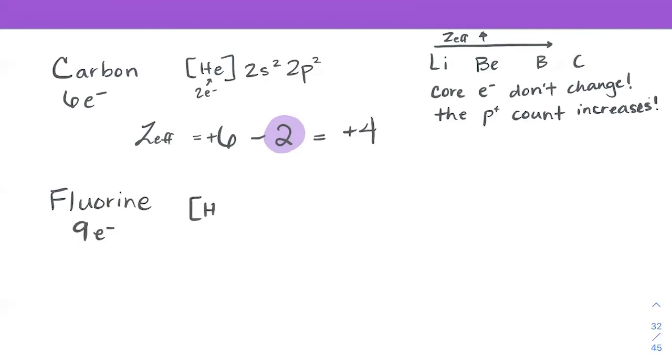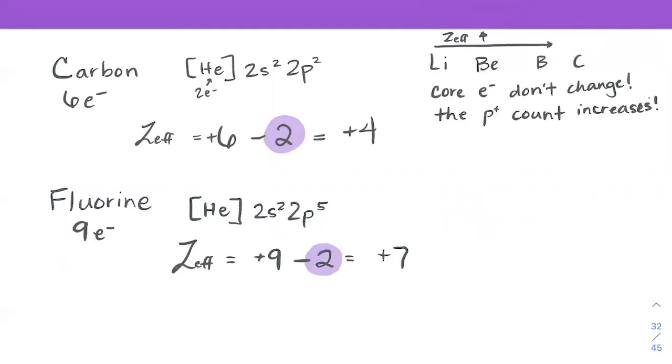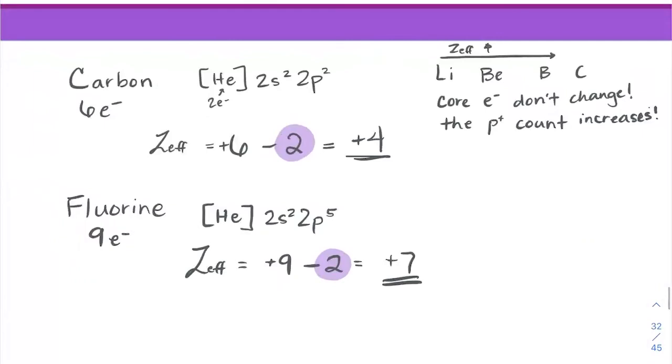So electron configuration is helium, 2s2, 2p5. For the Z effective, we have 9 protons now in the nucleus, but still only 2 core. So looking at moving across the periodic table, we can see the increase in the Z effective.